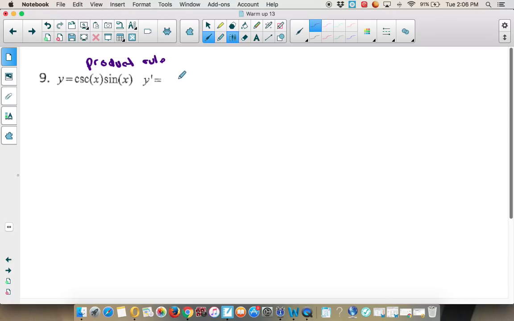So that is going to be the first times the derivative of the second, which is cosine x, plus the second times the derivative of the first.